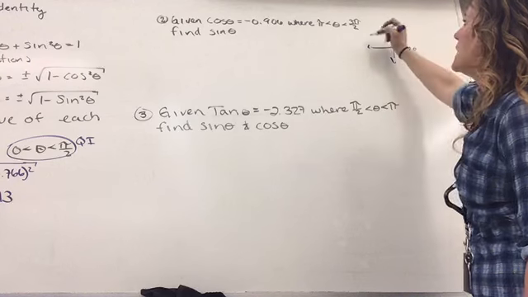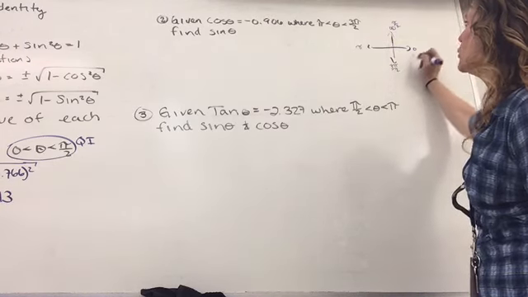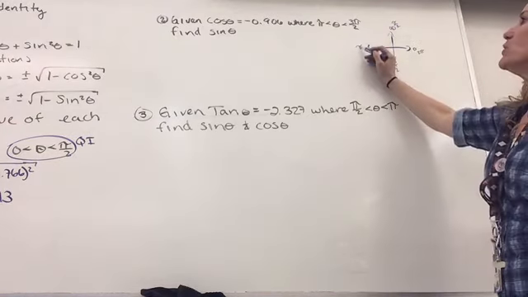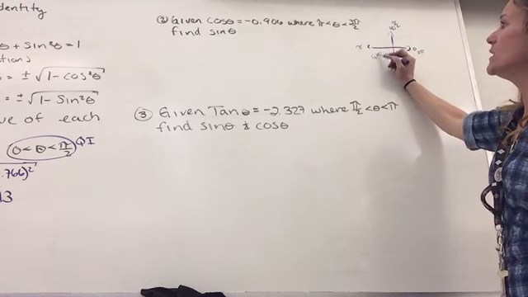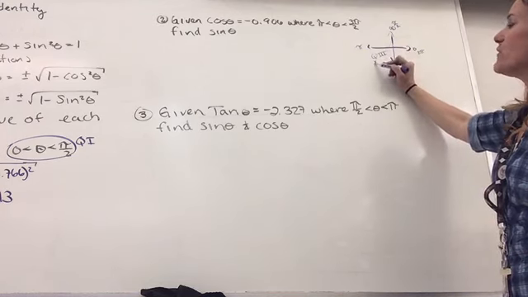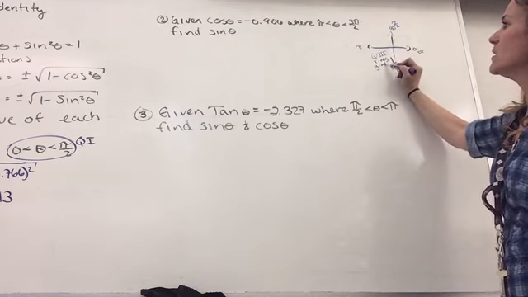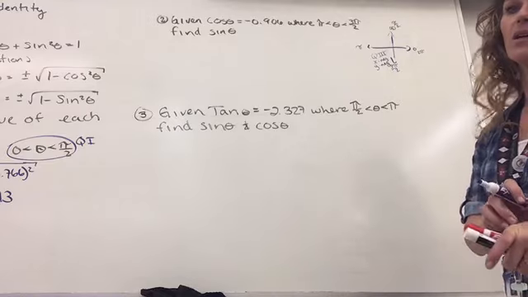This is 0. This here is pi, this is 3 pi over 2, and this is 2 pi. So I'm quadrant 3. And in quadrant 3, the x values are negative, and the y values are negative. So that kind of helps us with our little plus and minus.